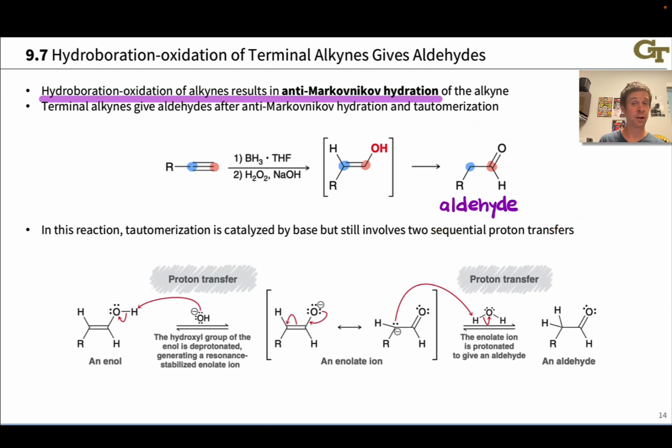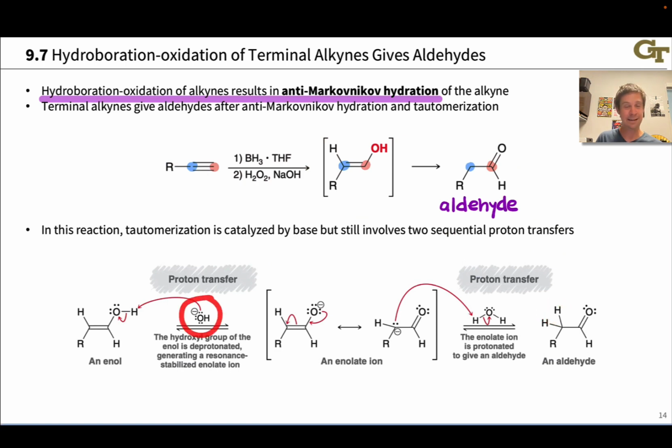Now, hydroboration-oxidation leads initially to an enol, analogously to the acid-catalyzed hydration case. We just add H and OH across the carbon-carbon pi bond, essentially. But tautomerization occurs here again, now under basic conditions, promoted by the NaOH rather than acidic conditions. And it's still proton transfers, and the net result is still the movement of a proton from here to here.